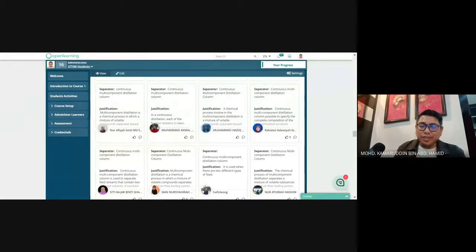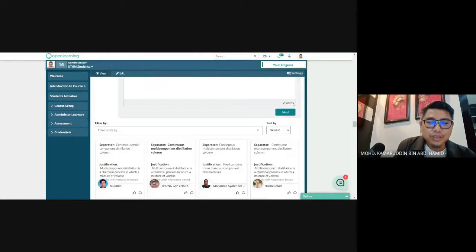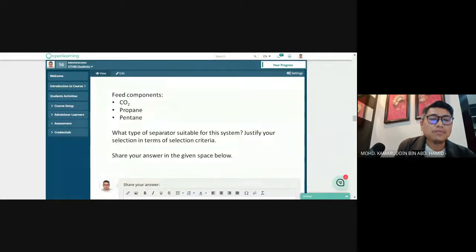Since we have discussed this, you have these three components in your feed. What kind of separator would you select from 1 to 7? Although we did not discuss extractive and azeotropic in much detail, at least you know their use.